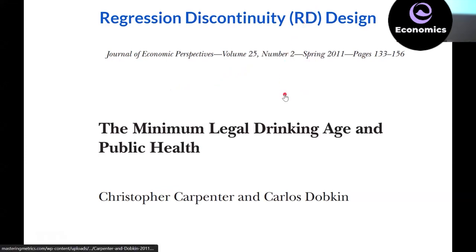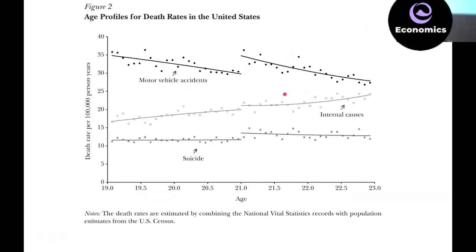So in the US, in most states, the minimum legal drinking age, the minimum age that people can purchase alcohol legally, is 21. In Australia, I think it's 18.